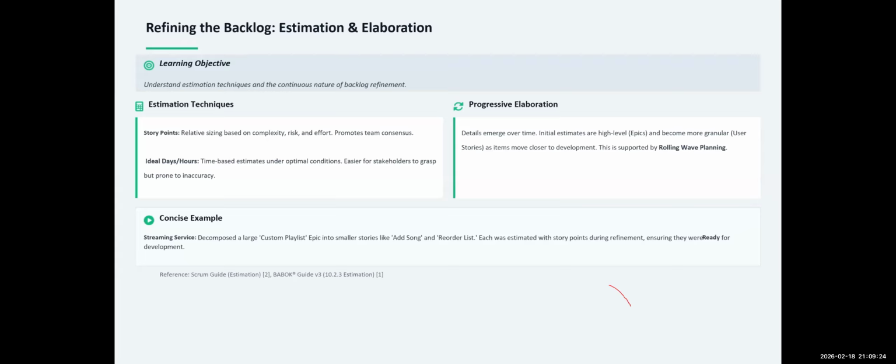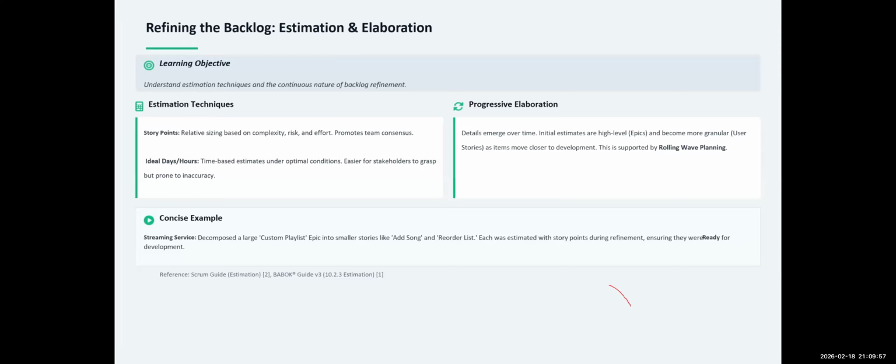All right. So you can use any of these estimation techniques, and then you can use progressive elaboration, where details continue to emerge over time and you make it granular, right? Sometimes when people bring requests, it's just an idea and they're not clear. Maybe I should say also backlogs could be a laundry list where you just dump so many things.